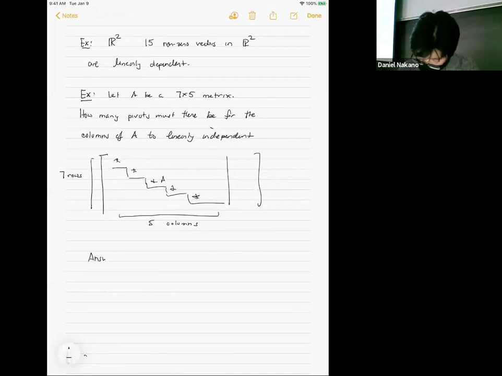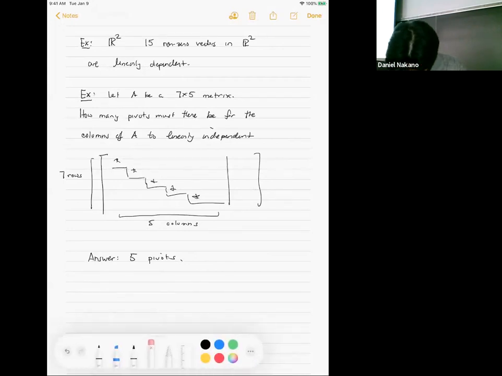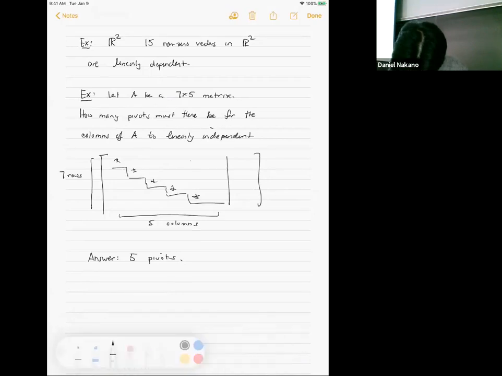So the answer is 5. With 5 pivots, there's no room for free variables. With no free variables, the only solution to the homogeneous system is the zero solution. Okay, any questions on this? Questions?